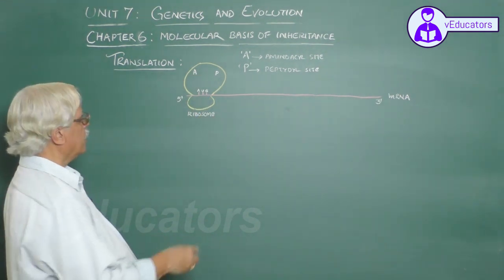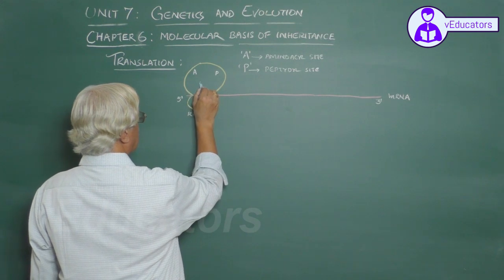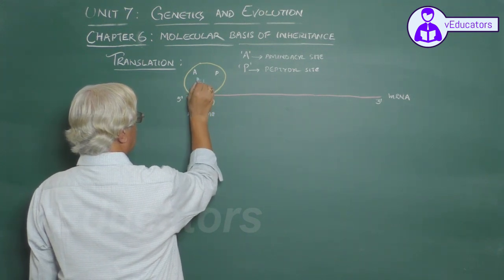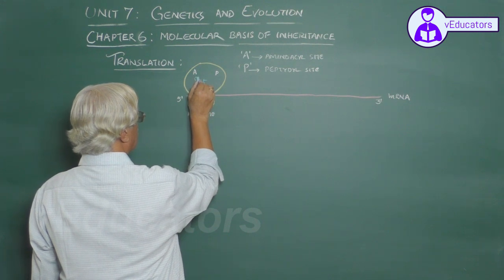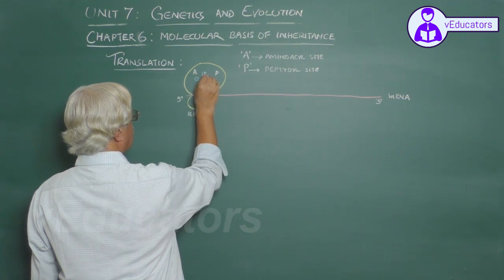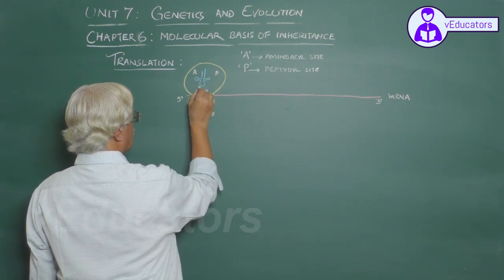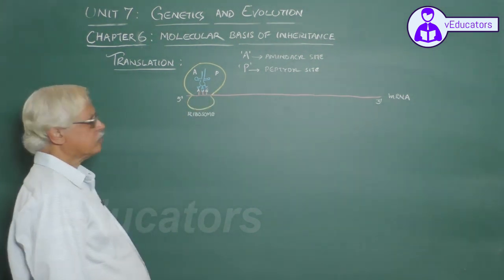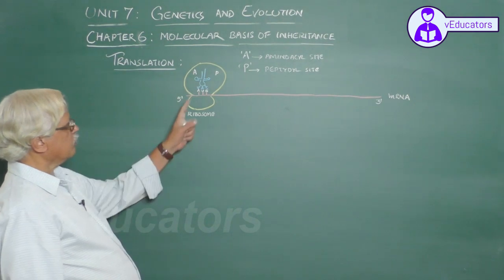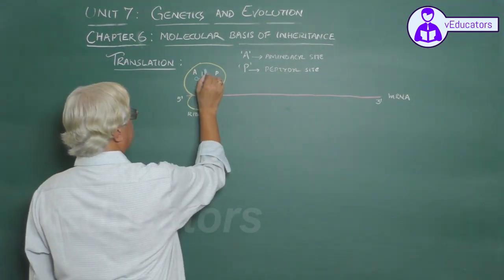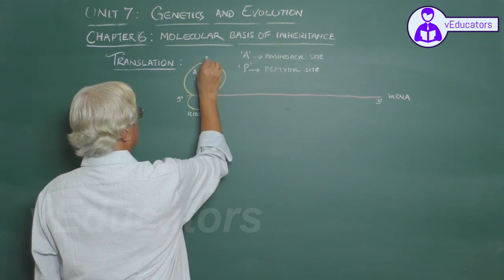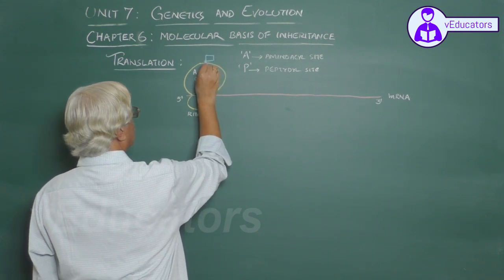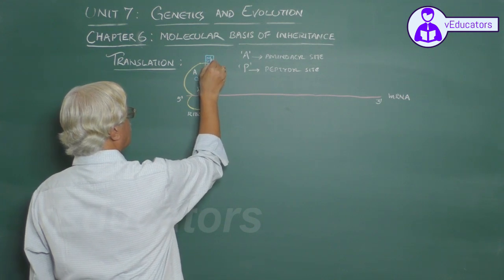So now a tRNA molecule with an anticodon UAC, carrying the amino acid methionine.